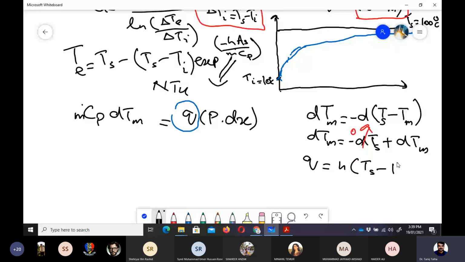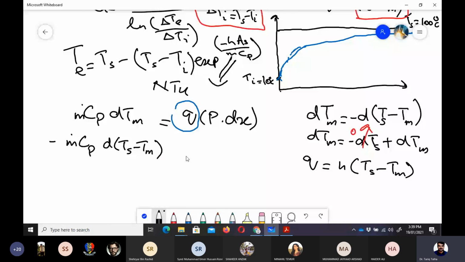Okay, because here there is no T infinity, so we are writing Tm. So if we write these two values in this equation, it would be equal to m dot Cp. Instead of dTm, we would write minus d into Ts minus Tm, right? So mathematically it is right.